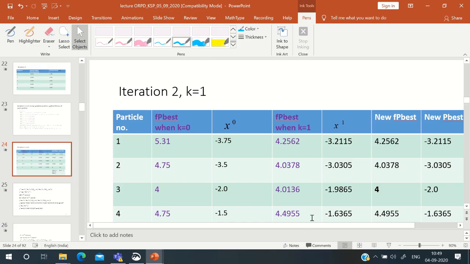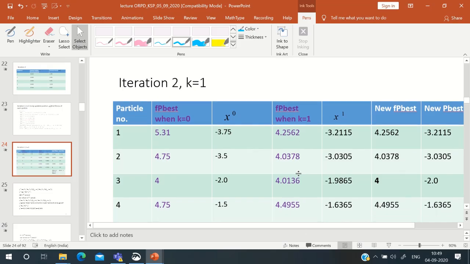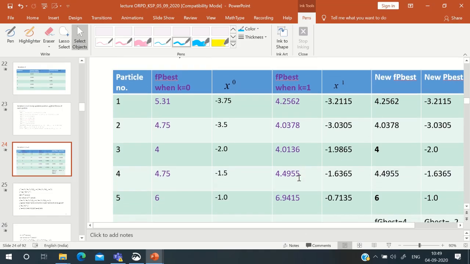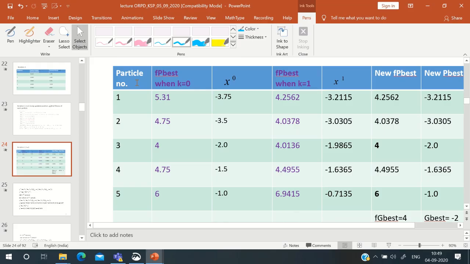I have made a table for our understanding. In the first column I have particle numbers 1, 2, 3, 4, 5. Corresponding to the zeroth iteration, k equal to 0, are the function value and the position value.